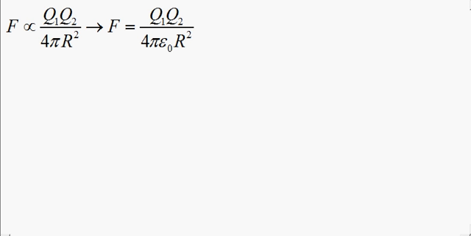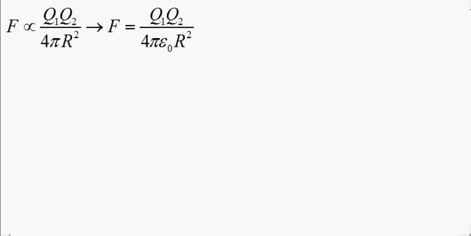That's the constant term. Now, epsilon 0 is called the permittivity of free space, and a permittivity is a measure of how well an electric field can develop inside a medium. Free space, or vacuum, is the medium in this case, and epsilon 0 describes how well that electric field can form inside free space.